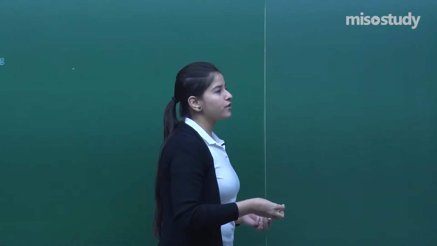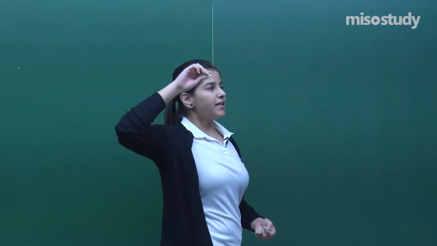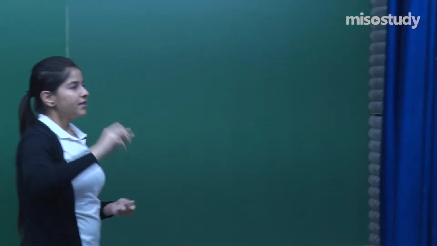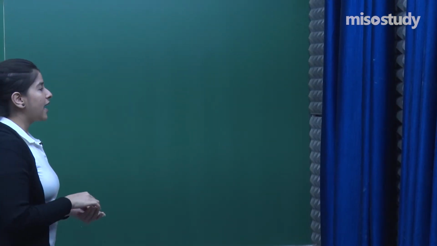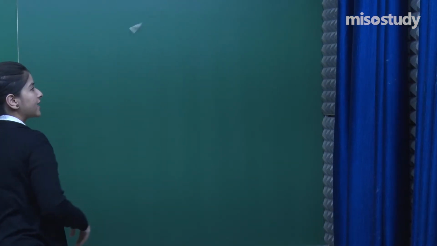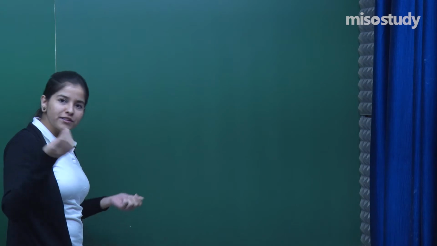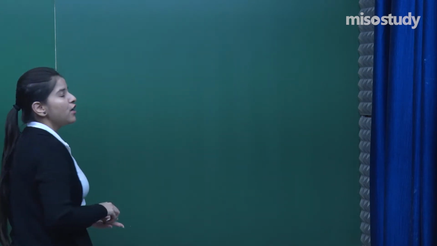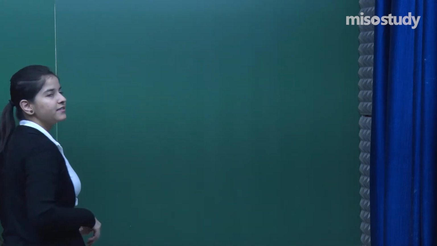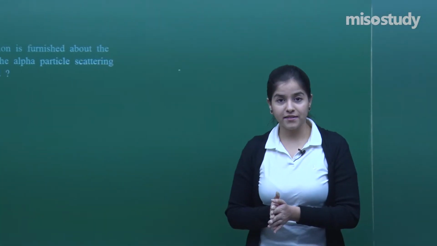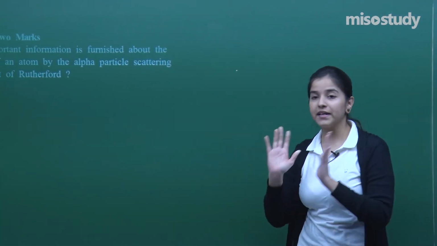What he did was something very interesting. See here, can you see how the chalks are getting deflected right here? Something like this. This deflection he observed via the alpha particles. Got it? The gold foil experiment was very interesting.